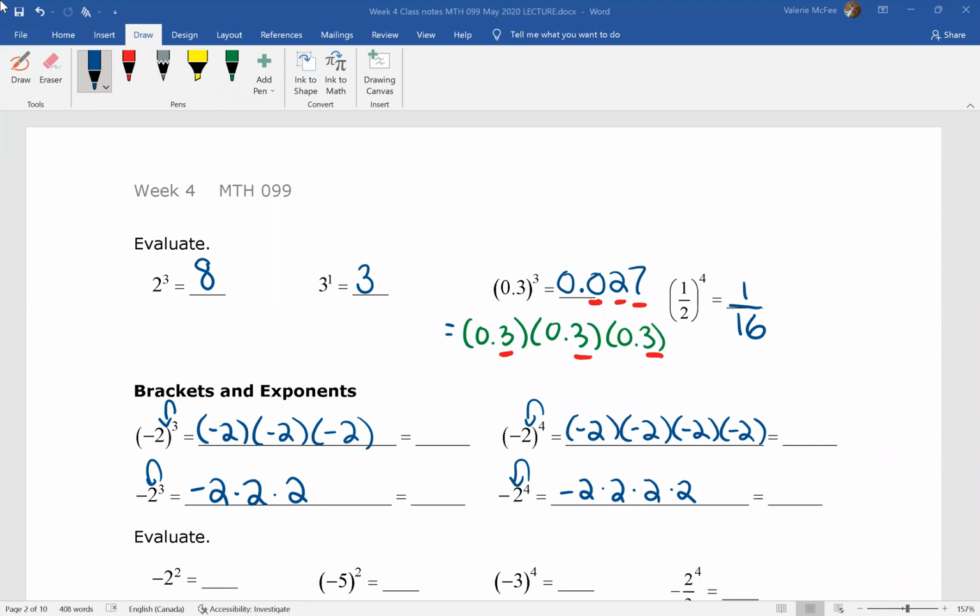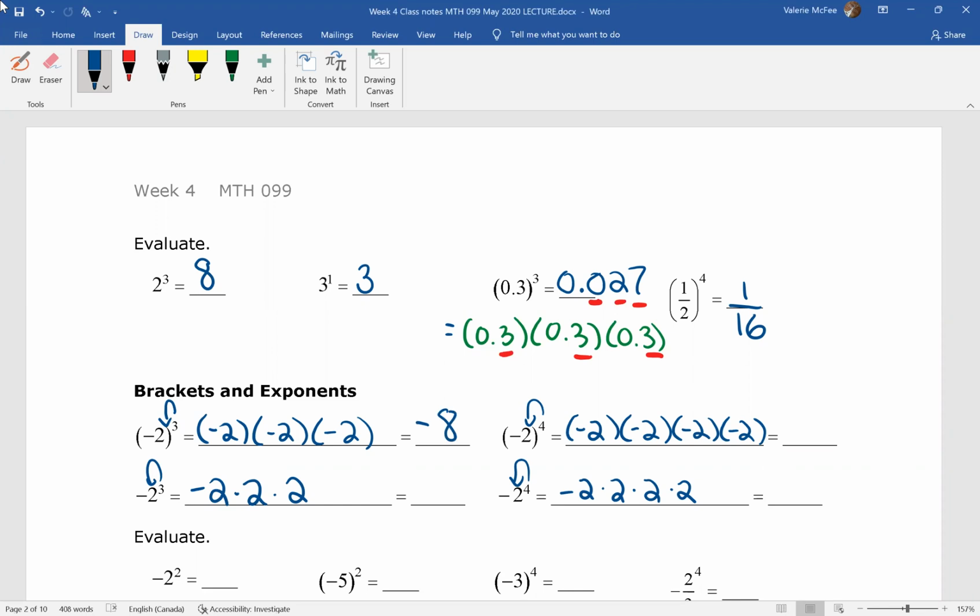If I was verifying your test or your final exam with you, this is what I would be looking for, the difference between these brackets and exponents kinds of questions. The first 2 questions, the 3 is outside the bracket, the 4 is outside the bracket, so it applies to everything inside. We have an odd number of negative signs, our answer is negative.